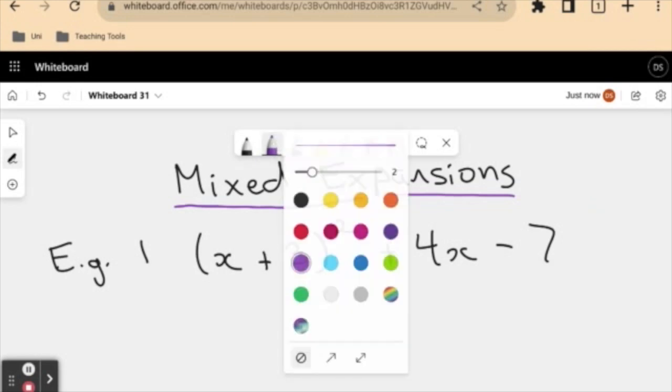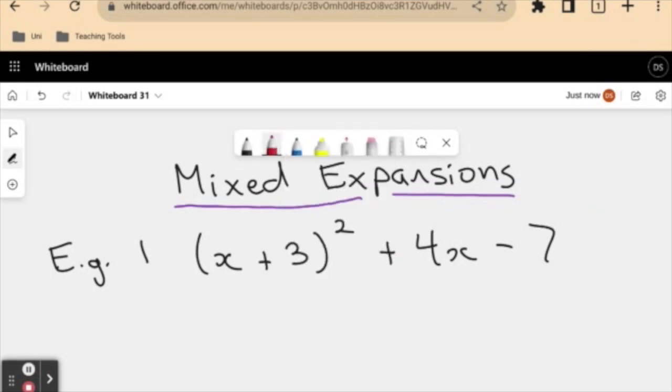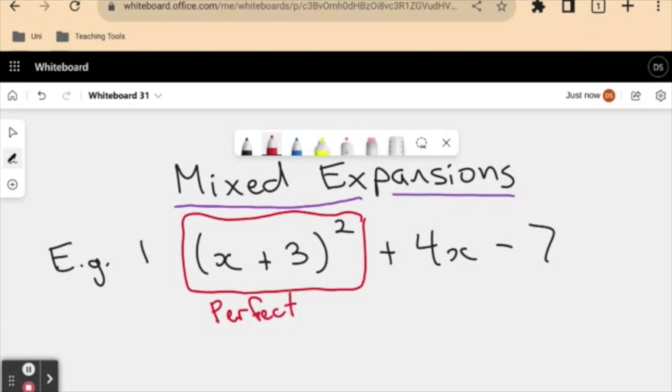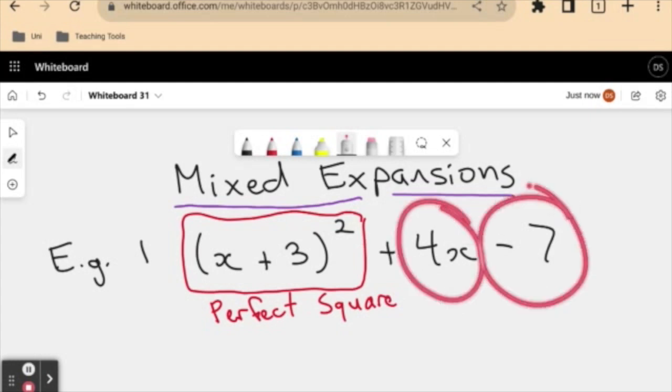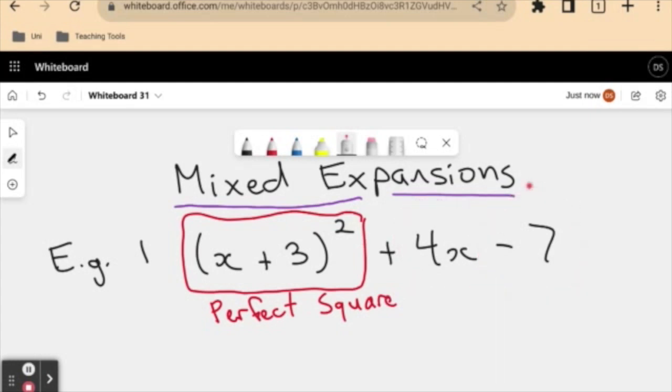Most of you may see that I have a perfect square expansion, and I just have a couple of algebraic terms tacked on at the end here. But we can now work on just expanding this perfect square, because we can tack on the rest of these to whatever answer we get.